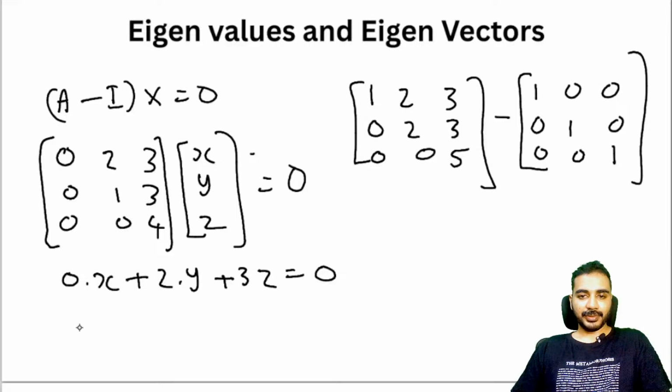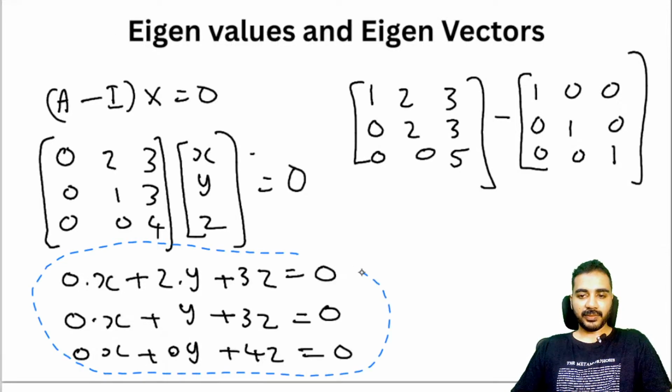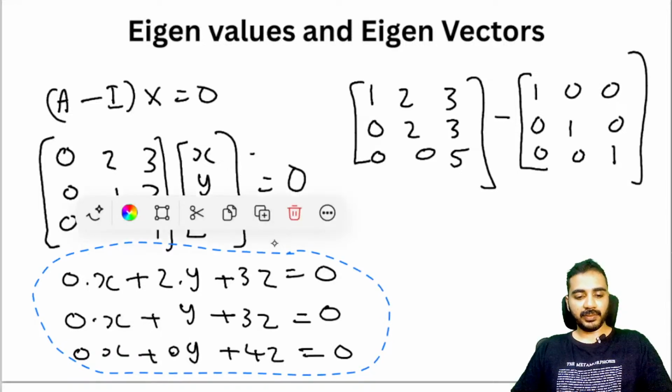The next equation is 0 into x plus y plus 3z equal to 0. And the third equation is 0x plus 0y plus 4z equal to 0. So we need to solve these three equations to find the eigenvectors here.